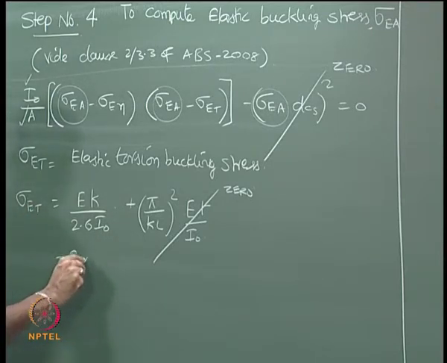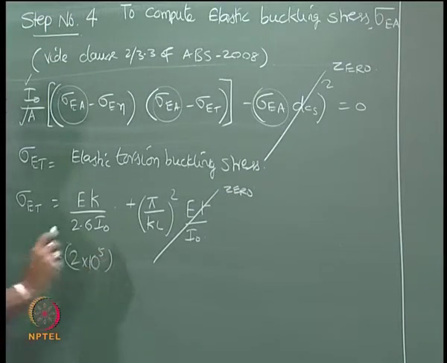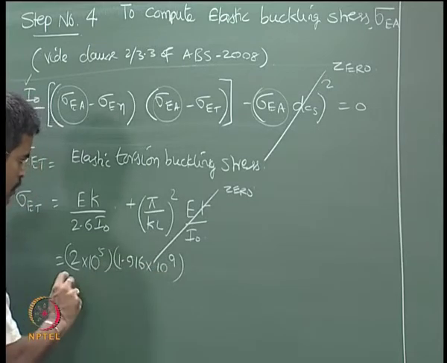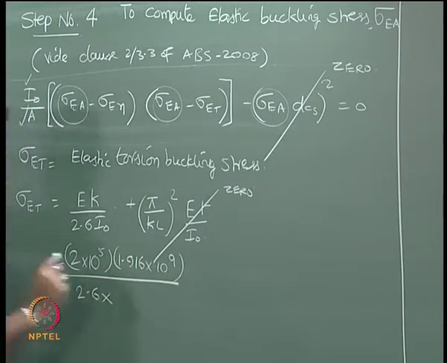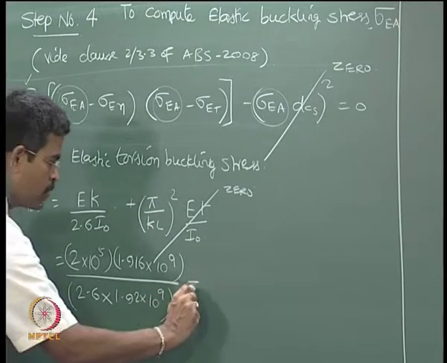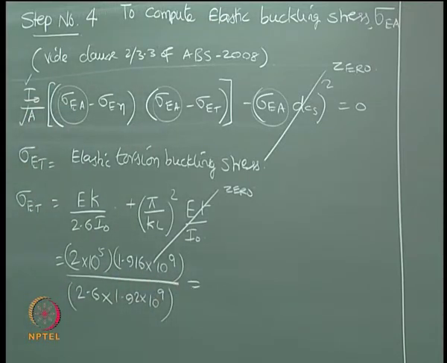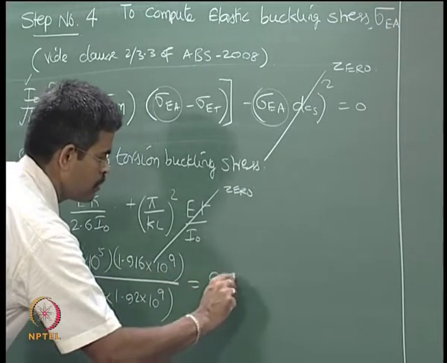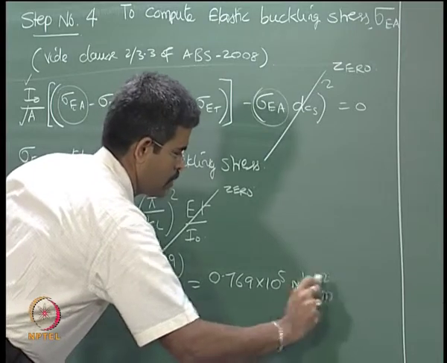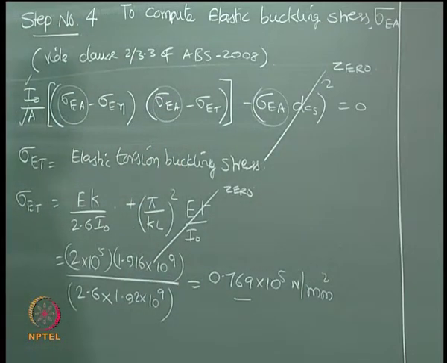So, let me substitute here, which will give me 0.769 10 power 5.